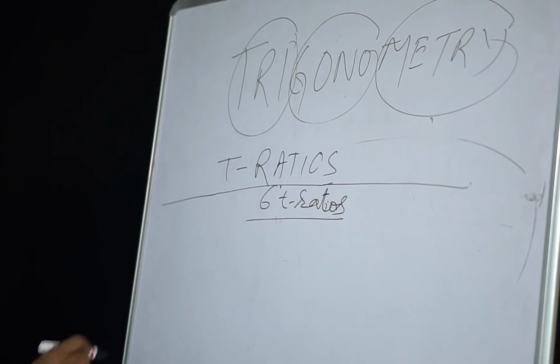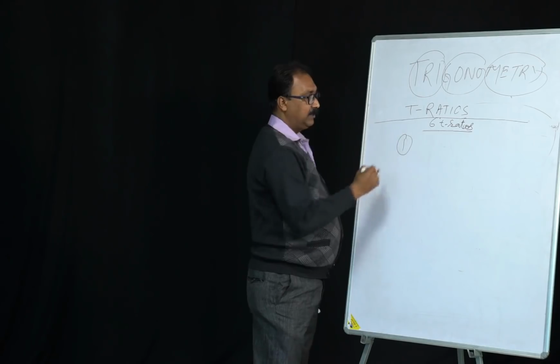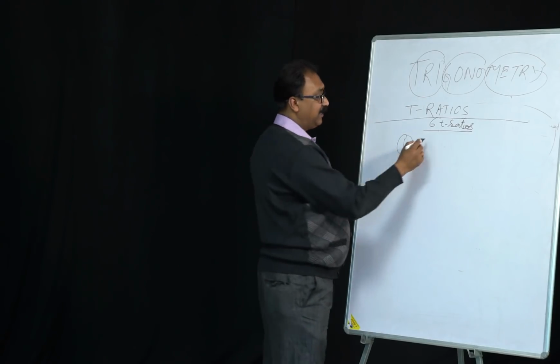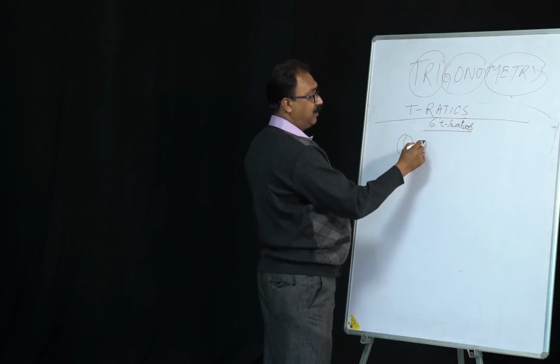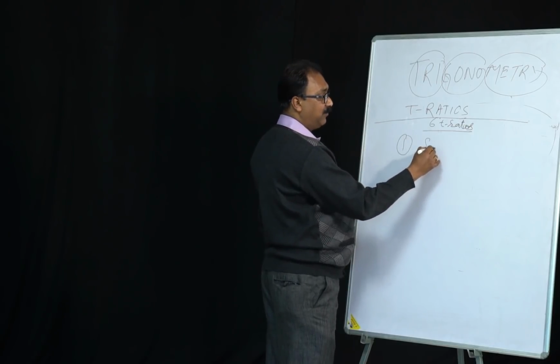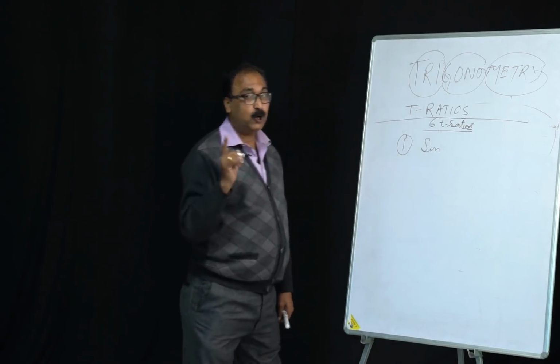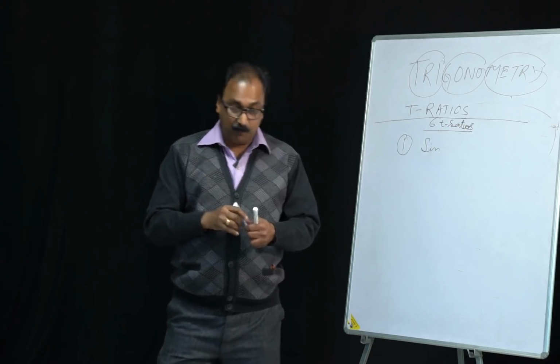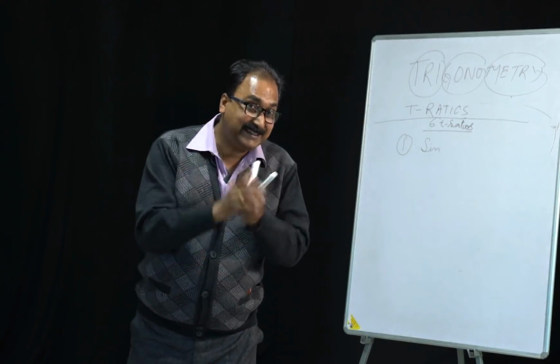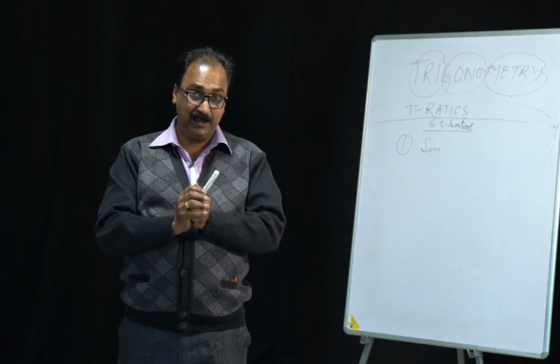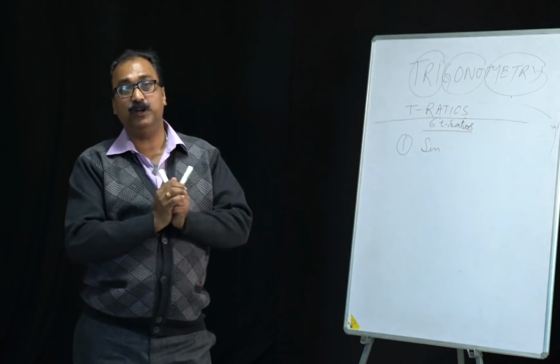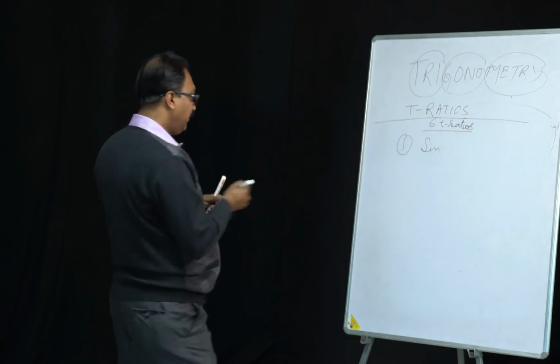Number 1 is sine. The Greek word is SINE, but we consider it in the short way as sine. Don't pronounce it like seen. Okay, but in short we use sine. Clear?